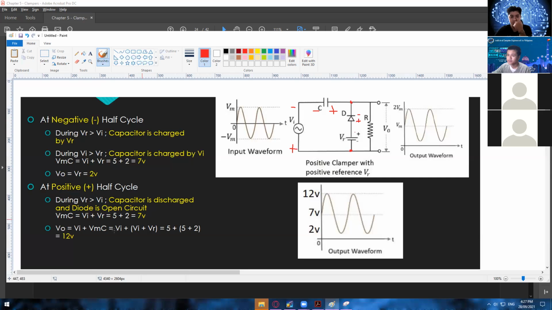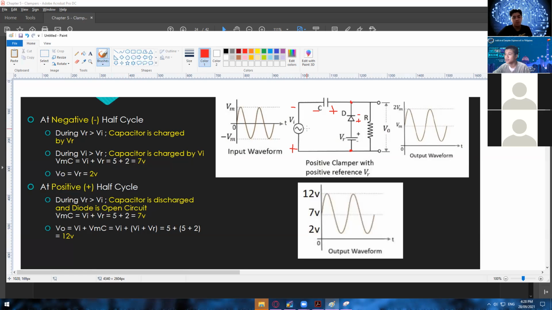Okay, so for the voltage output, we have here VI plus VMC, because there is a redundant VI right here. It would be weird if we say twice of VI plus VR. Well, in fact, VMC is already solved, which is equal to 7 volts.